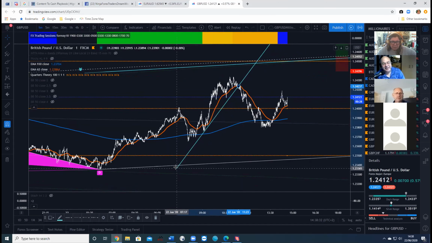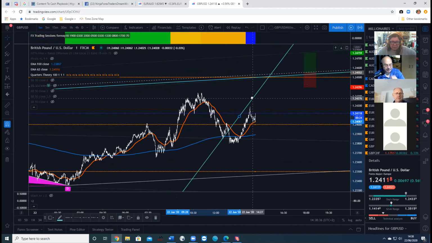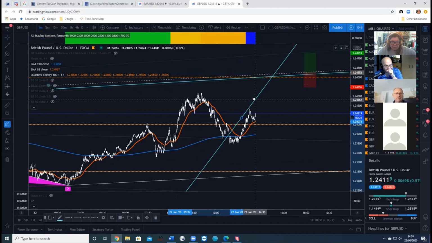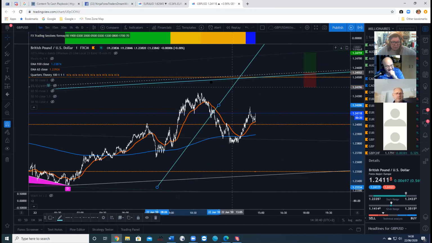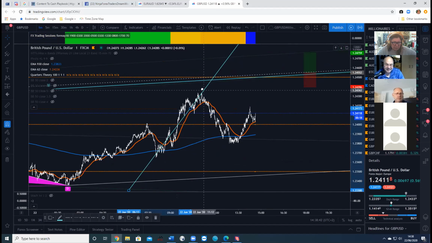No, the next low over to the left, where you got the three rejections off the 15-minute EMA. Over there, in that area. Yeah.